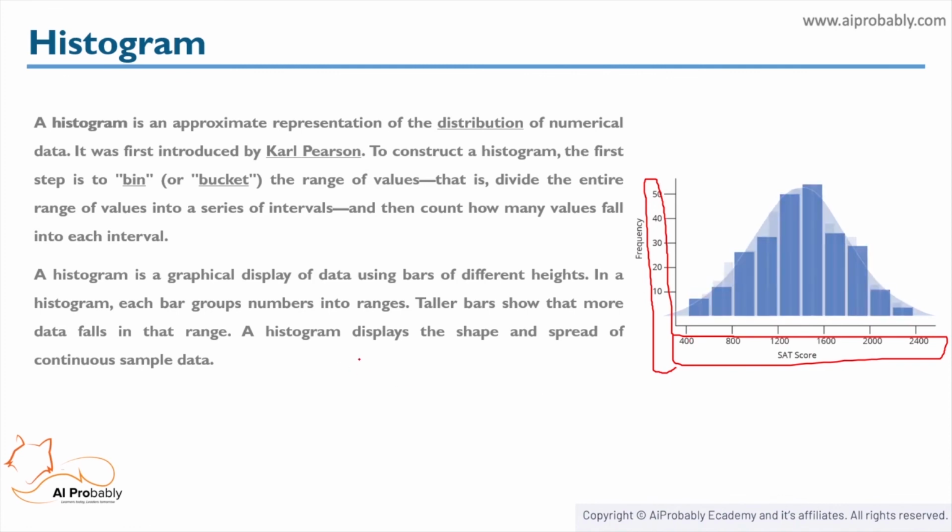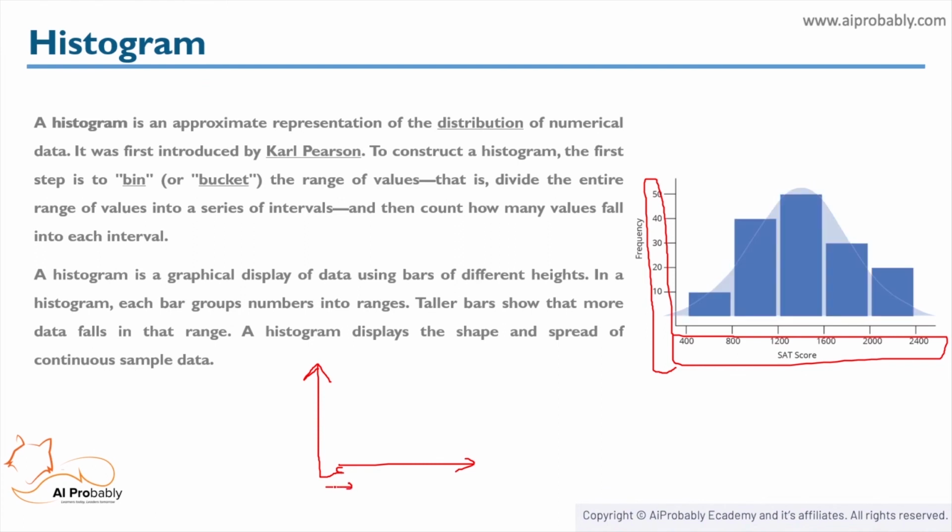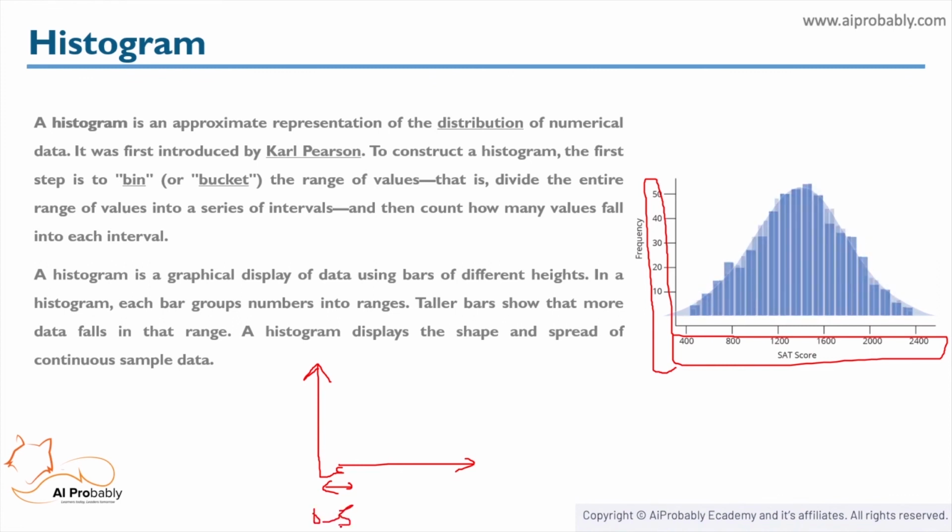Let's say we have price on the x-axis and satisfaction on the y-axis, so we can divide the price group into ranges like 0 to 50. Then we have another range as 50 to 100, and so on.